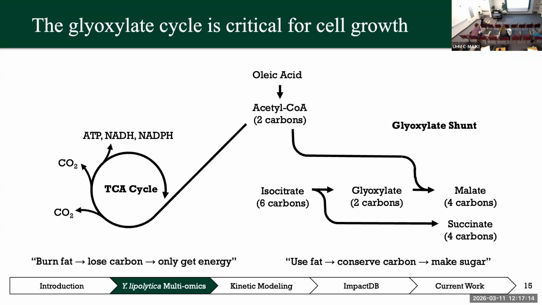So this pathway is a way to get energy, but at the expense of the carbon. The glyoxylate shunt is where you get less energy, but you get to keep the carbon and you can use that to make the sugar. We found that roughly 20% was used just for energy and 80% was used for making all of the carbon that the cell needs for growth.